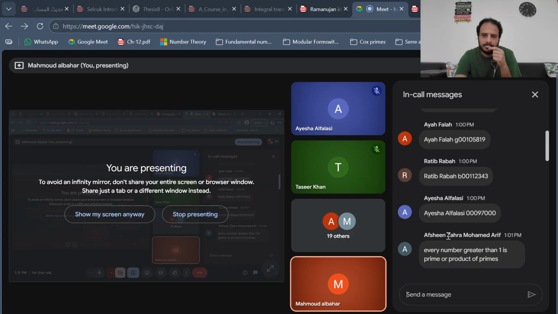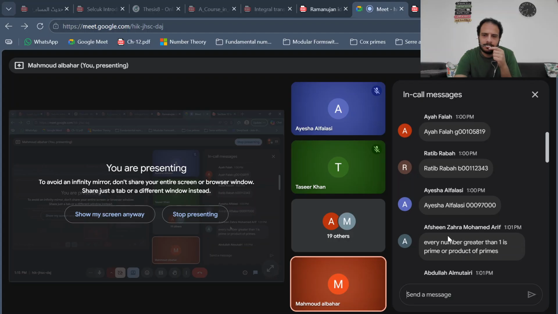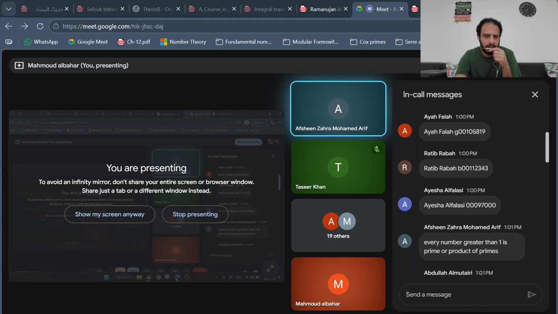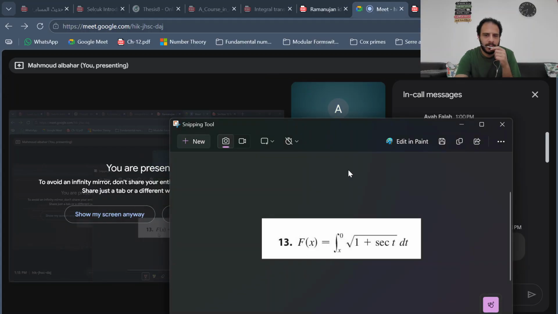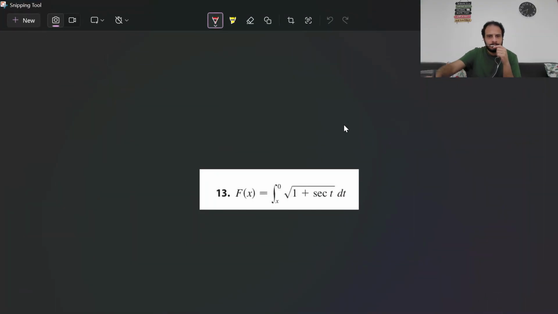Afshin, yes, Professor. Please help with problem 13. It will be minus root of 1 plus secant x. Why minus?